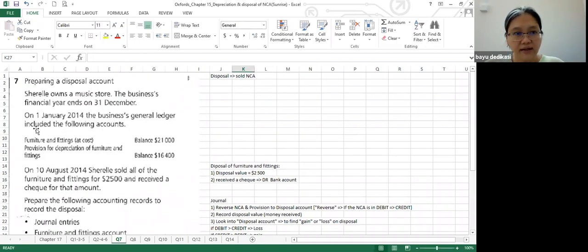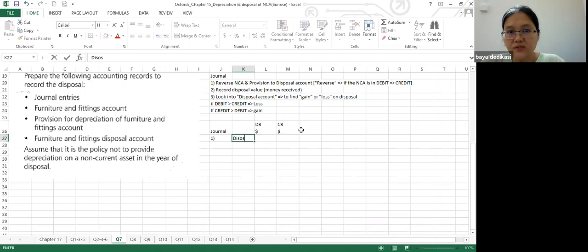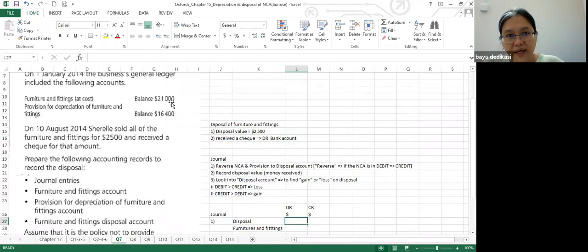So your non-current asset at cost is 21,000. So your reversal will be debit disposal and then credit furniture and fitting. So the amount, take everything, 21,000.